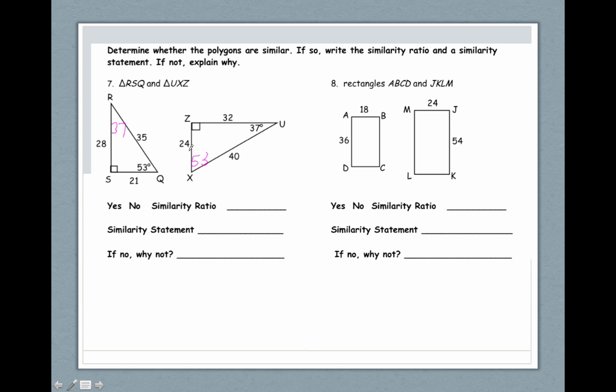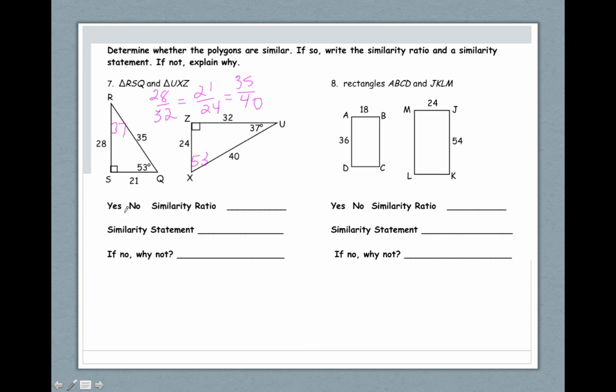So the question is then, are they proportional? So is 28 over 32 equal to 21 over 24 and also equal to 35 over 40. This one reduces to 7/8, so does this, so does this.